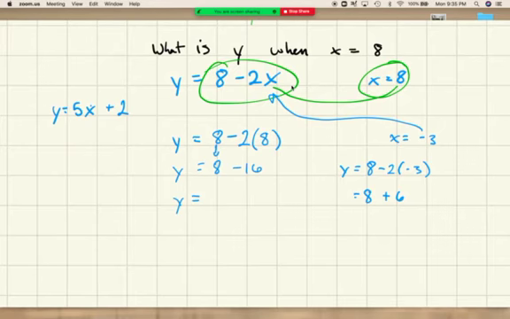And then we should get 8 plus 6, which is 14. On the table, is it 14 for the negative 3? Like x is negative 3, y is 14? Yeah. So you could plug in anything you want, but it's saying, what is y when x is 8? All that means is plug in an 8. And then we get 8 minus 16, that's negative 8. Cool.